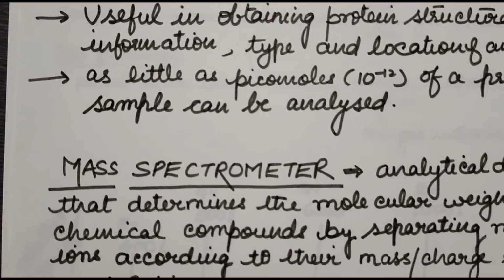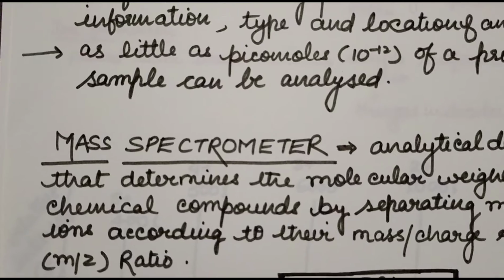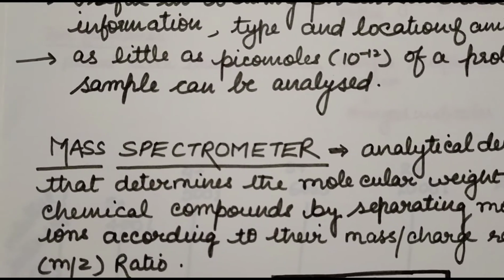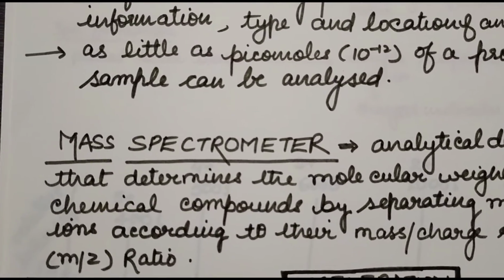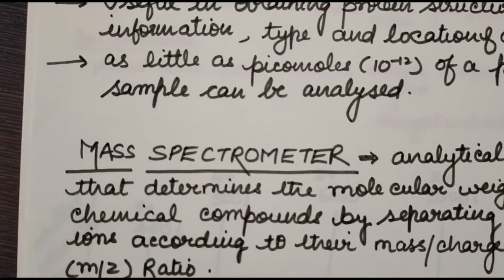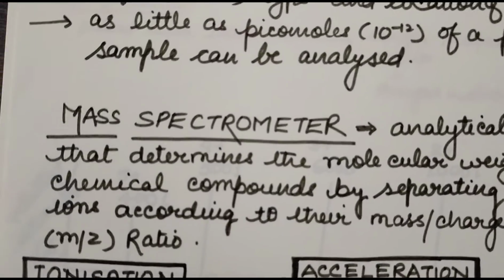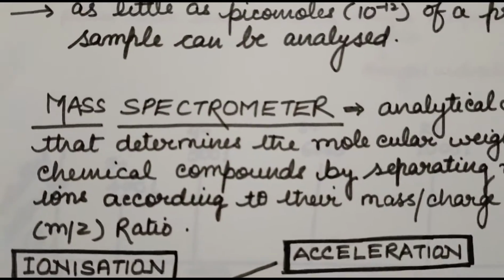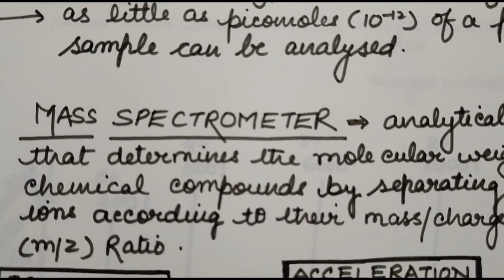Most techniques separate proteins on the basis of mass, but this instrument is going to use the mass-to-charge ratio. This is the basic principle behind mass spectrometry, and this property makes it so unique and so compatible for separating different proteins. Later I will explain how.